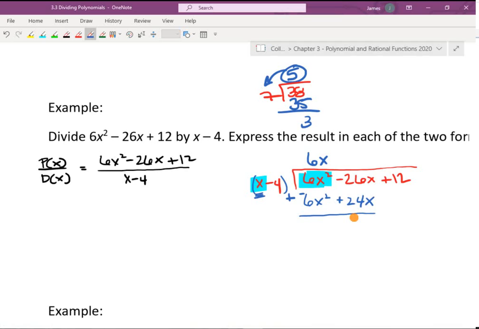Okay. So now if I add down, if we've done this correctly, those terms should disappear. It gives you 0x squared. So it's just 0. Negative 26x plus 24x is negative 2x. Okay. Now, let's say that we just left this as a remainder of 3.